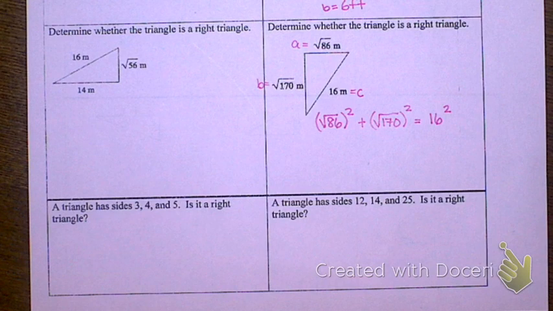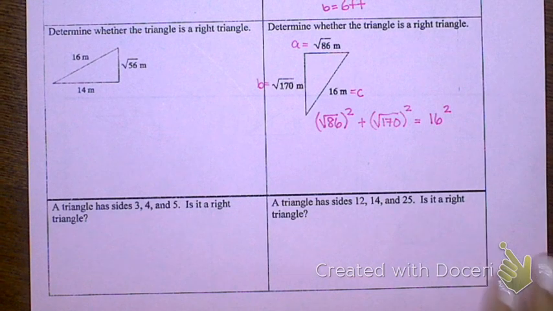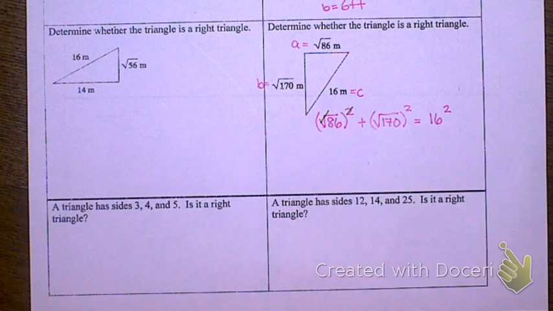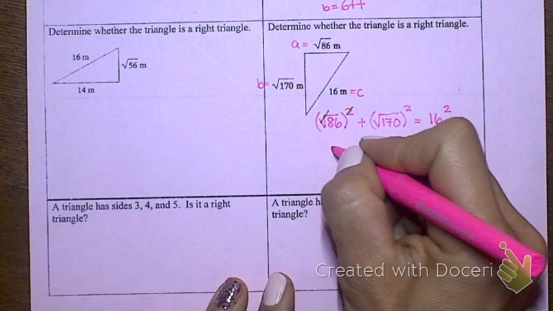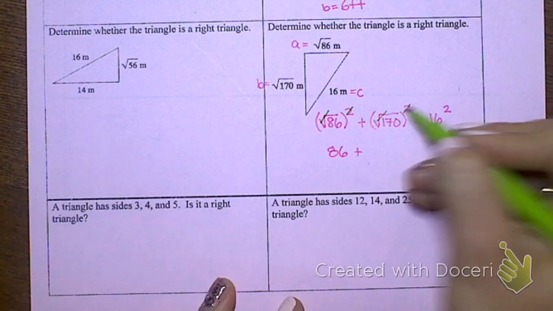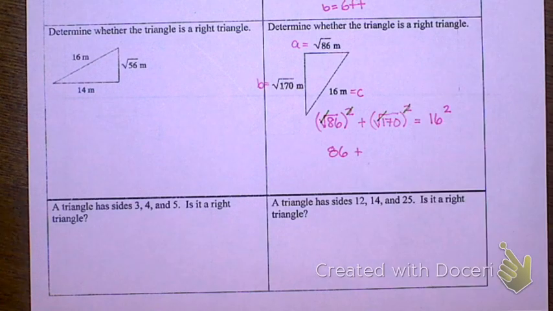Now, we talked about in the warm-up how squared and square root undo each other because they are inverse operations, right? So what's all that's left from this expression? 86. What about from this one? The square root and the squared undo each other. So 170 is all that's left there.